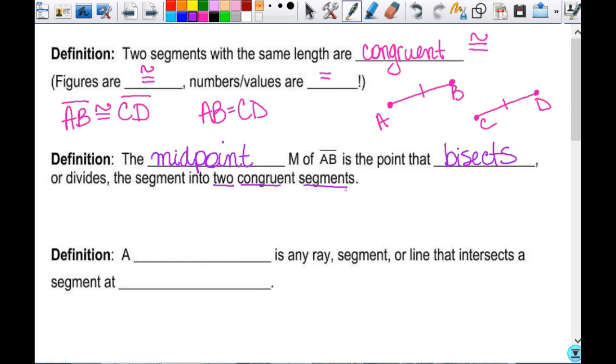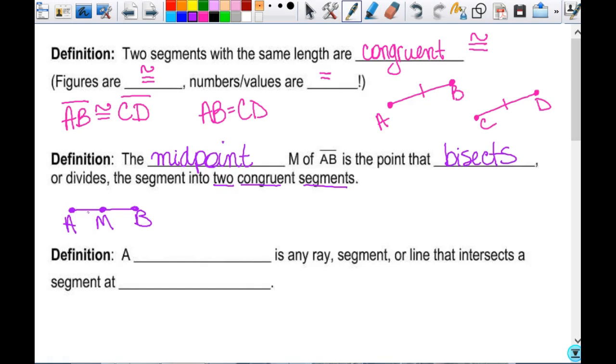So if I do this, and all you had was the picture, without any of the words, and I said, is M the midpoint? How do you know it's bisected? How do you know it's the middle?